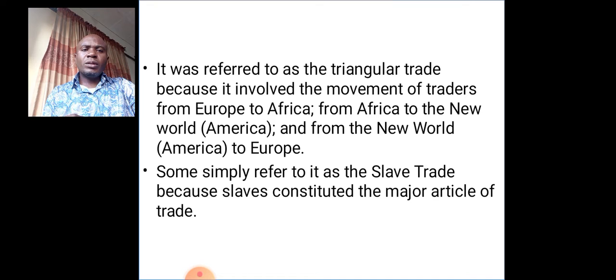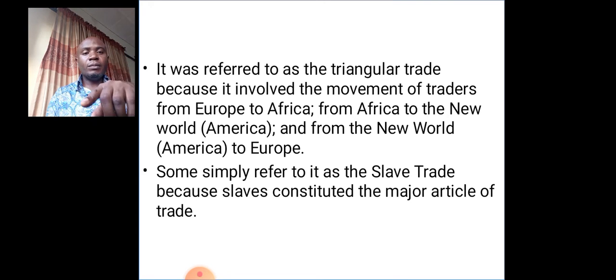So it was also referred to as a triangular trade because it involved the movement of traders from Europe to Africa, then from Africa to the New World, that is America, and from the New World, America to Europe. If you have to link that on a map, it is going to give some sort of triangular shape.